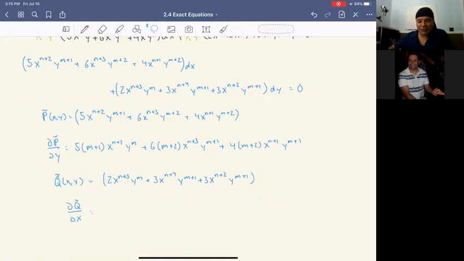Okay, so my nu q is this monster: 2x to the n plus 3, y to the m, plus 3x to the n plus 4, y to the m plus 1, plus 3x to the n plus 2, y to the m plus 1.